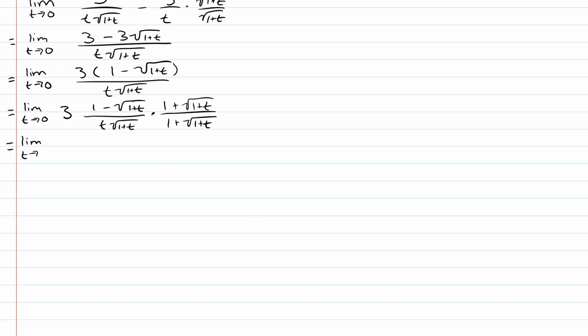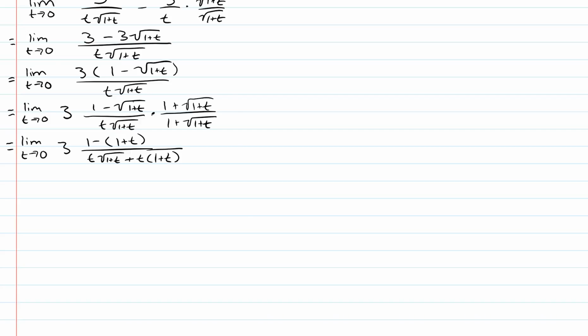So we get the limit as t goes to 0 of 3. When I multiply out the top, and if you don't believe me, actually FOIL this out for yourself, you're going to end up with 1 minus 1 plus t. And on the bottom, you're going to end up with t times the square root of 1 plus t plus t times 1 plus t.